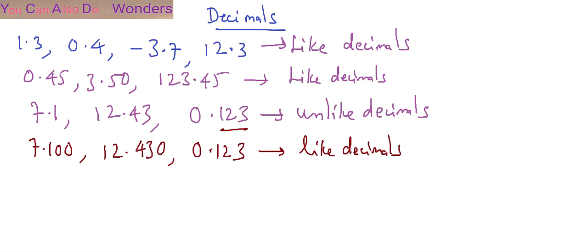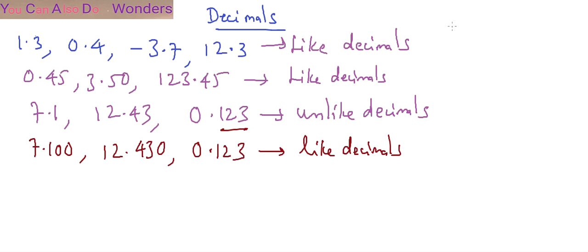So why do we convert to like decimals? It's easy to add or subtract if converted to like decimals. Let's say we need to add all these 3 decimal numbers.